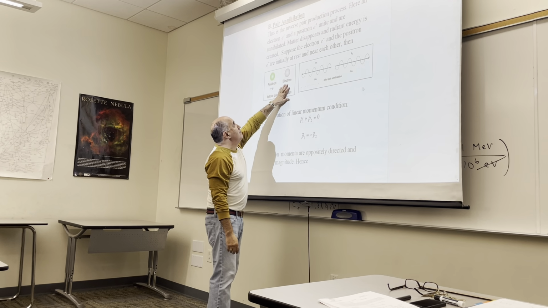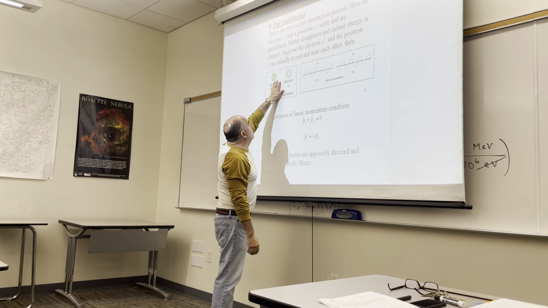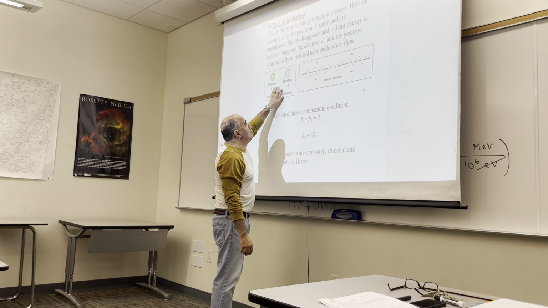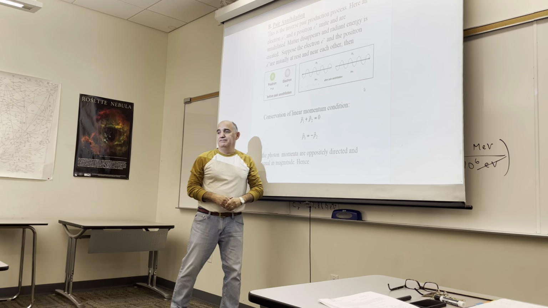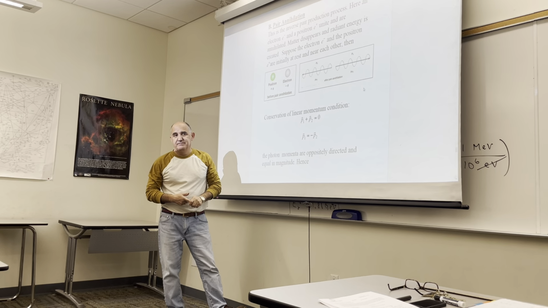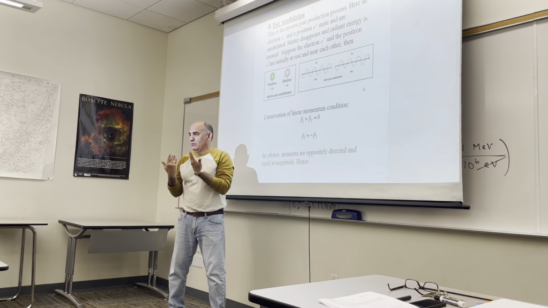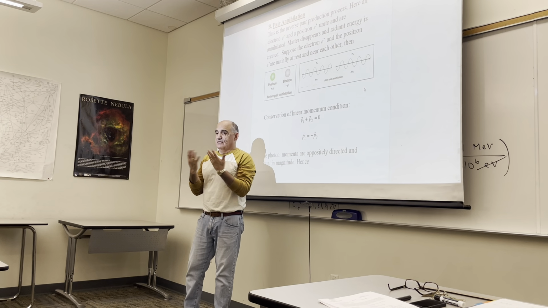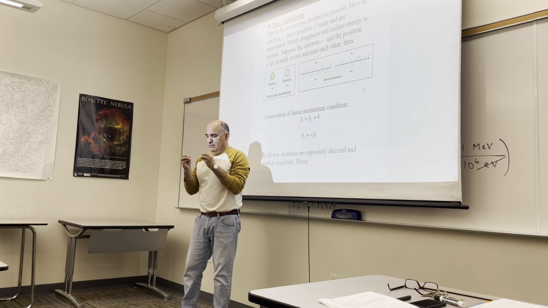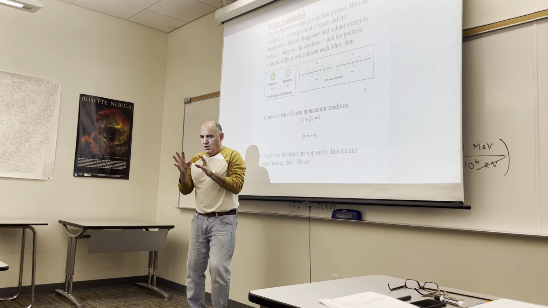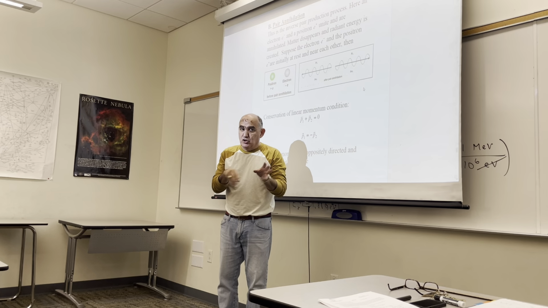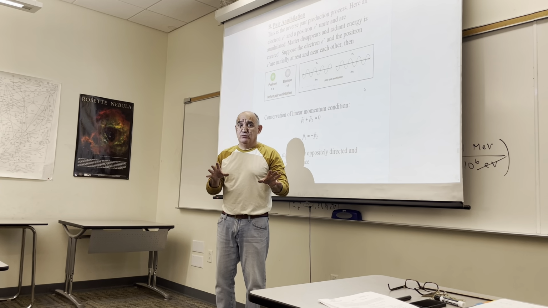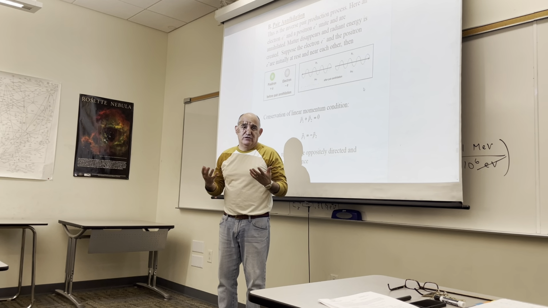If you go to the frame of reference of these two particles where they are both at rest, what is the total initial momentum? Zero. So then they annihilate, and whatever you have at the end, the total linear momentum has to be zero from conservation of linear momentum.